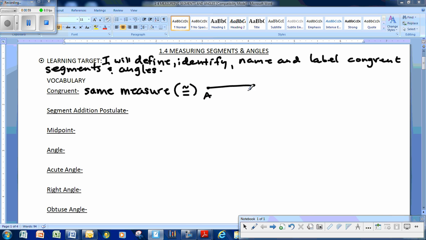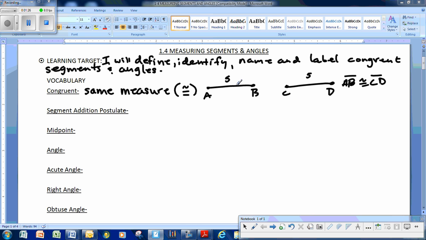If we have two segments, segment AB and segment CD, if they're congruent, that means their measures are the same. Let's say both of these have a length of 5, then I can now say that segment AB is congruent to segment CD. That would be the congruency statement.